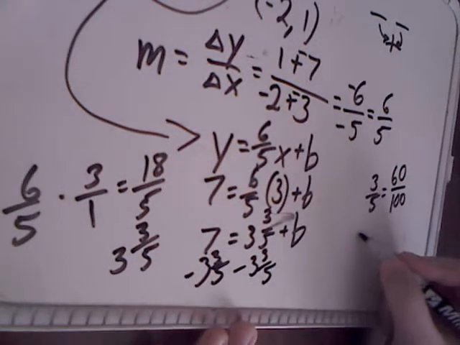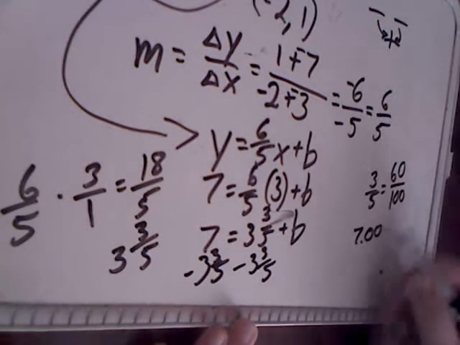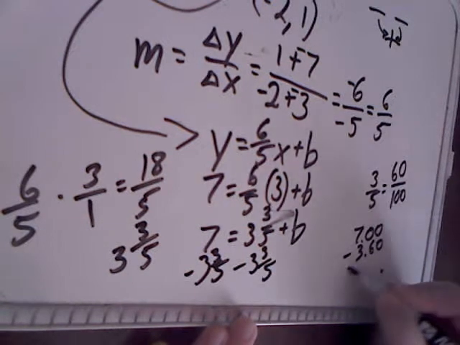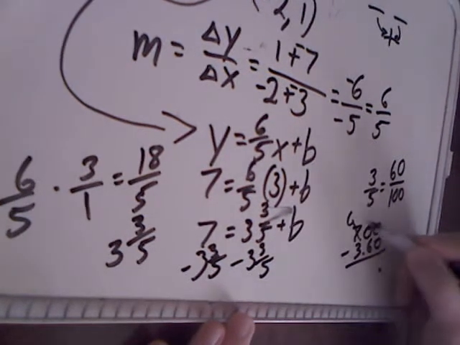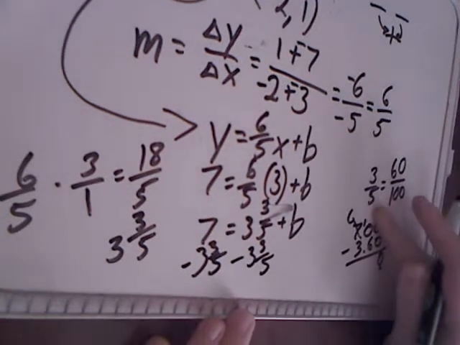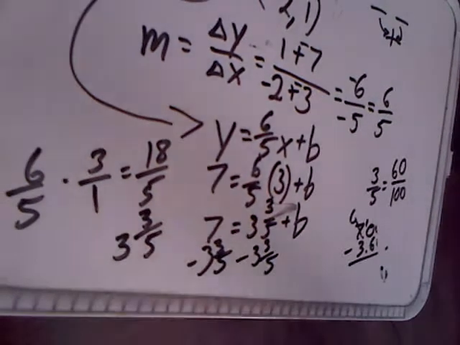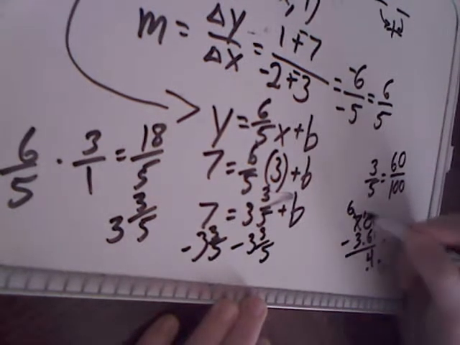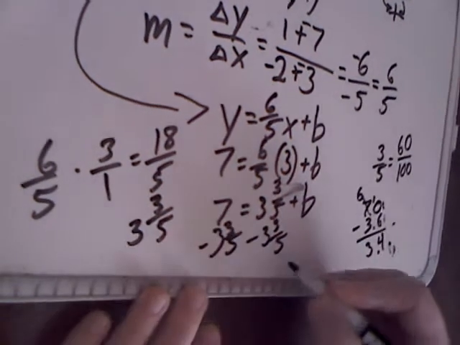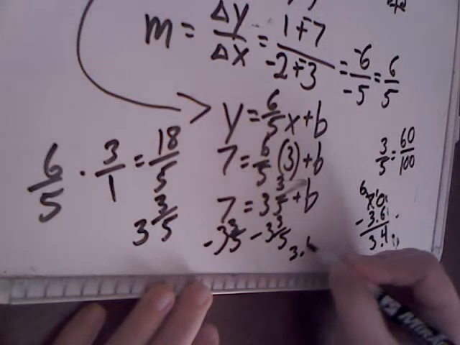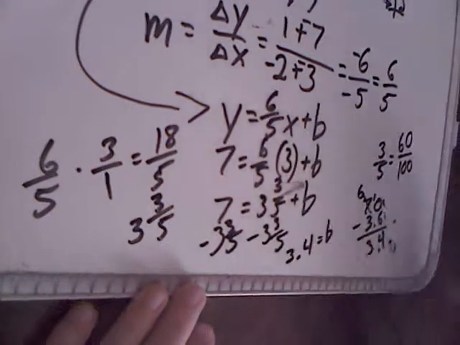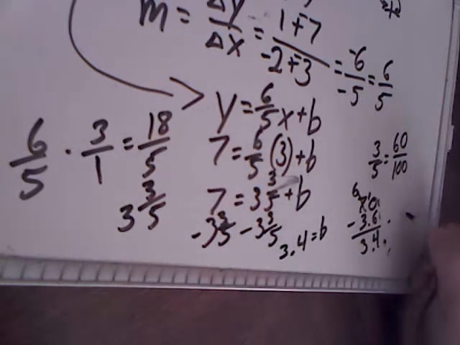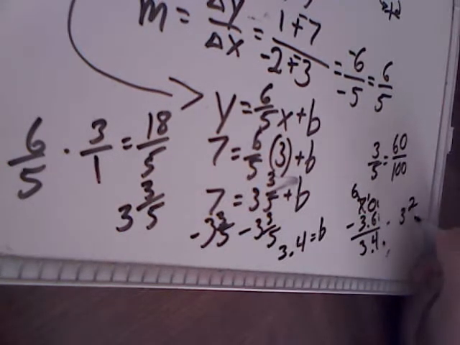You have $7 minus $3.60 when you subtract that. 10 minus 6 is 4. 6 minus 3 is 3. So you end up with 3.4 equals b, and 3.4 can also be represented as 3 2/5.